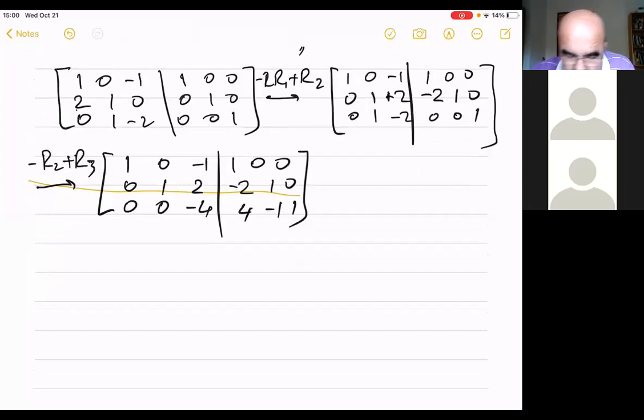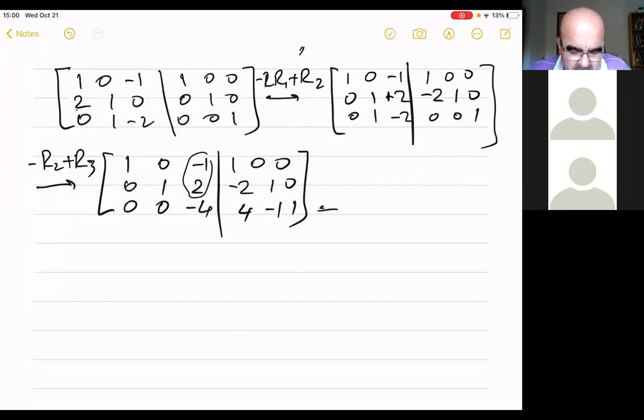Now what do we do? We want to make these entries 0, minus 1 and 2 into 0. Well, I can make this 2 into 0 by using the first row.